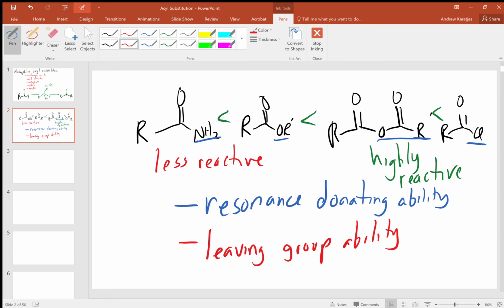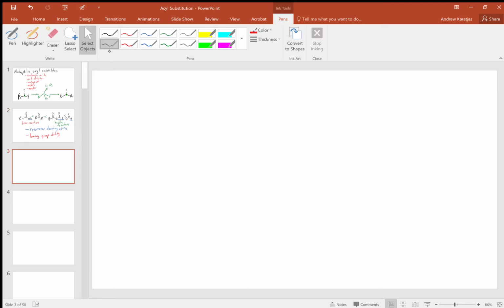On the other hand, down at the other end, chlorine is a terrible resonance donor, and if it's not a good resonance donor, it's not going to help stabilize the carbonyl. As far as leaving groups go, the better the leaving group is, the better the reaction will be. But let's look at that in more detail.